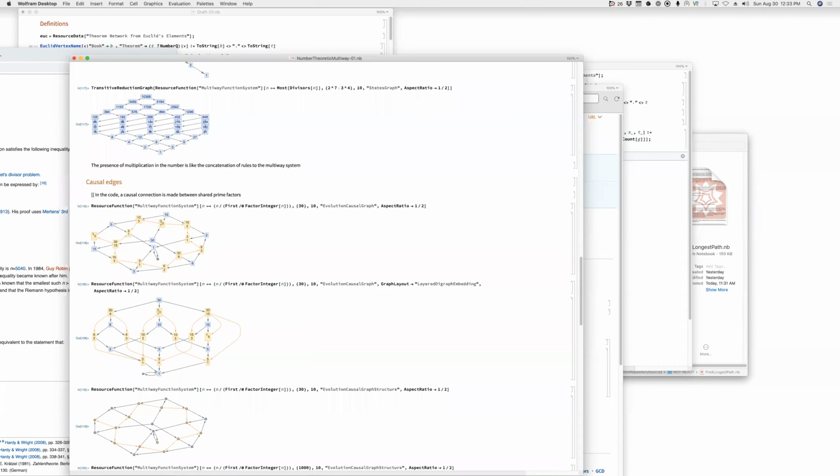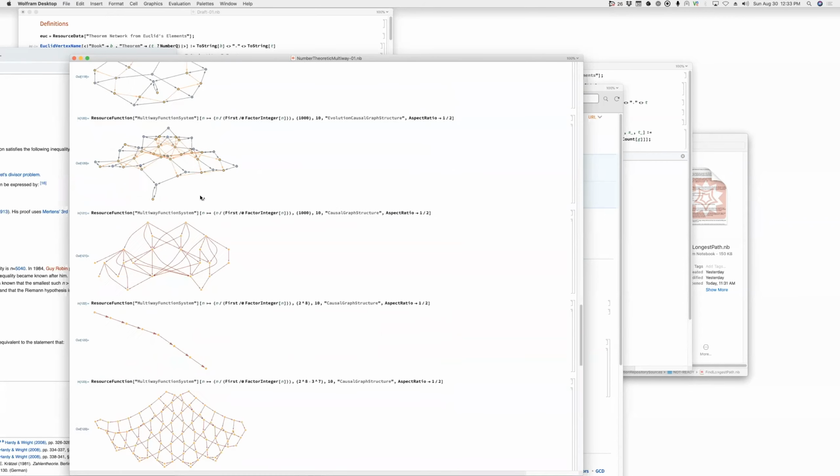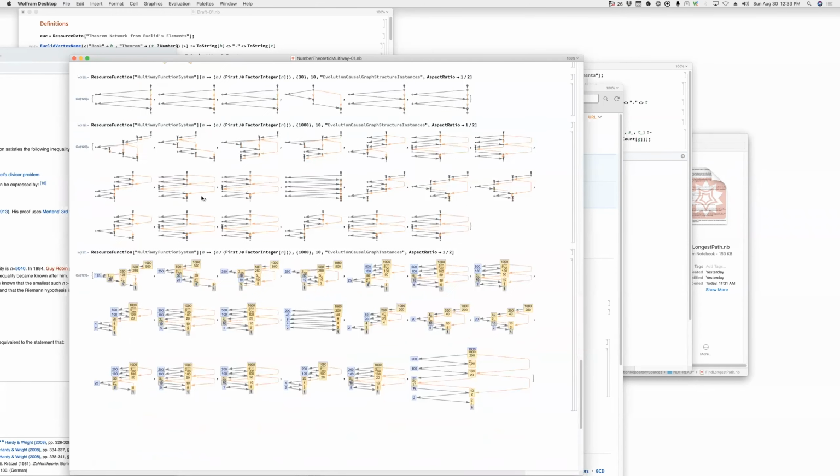It's looking at creator and destroyer events of individual prime factors. All right, in any case, this is amusing. Yeah, so it may be somewhat tautological.